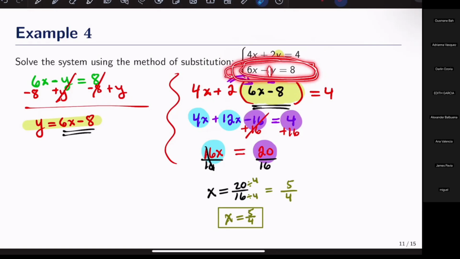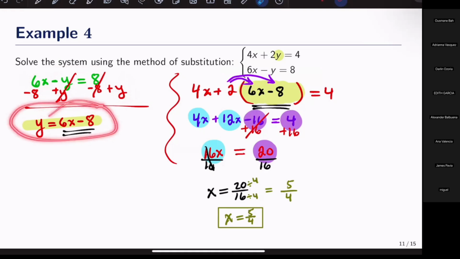So what I did was I added y to both sides, and then I subtracted 8 to both sides so that I manipulated this equation for it to become y is equal to 6x minus 8. Now from here, y is all by itself.